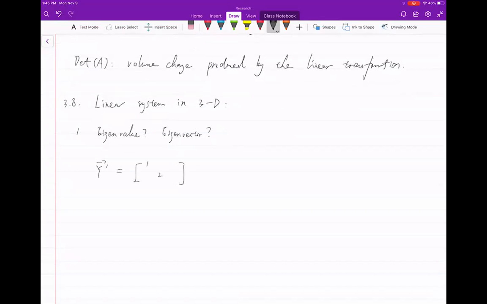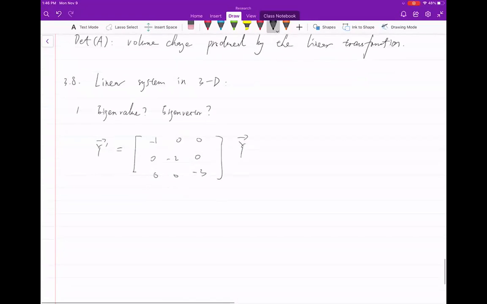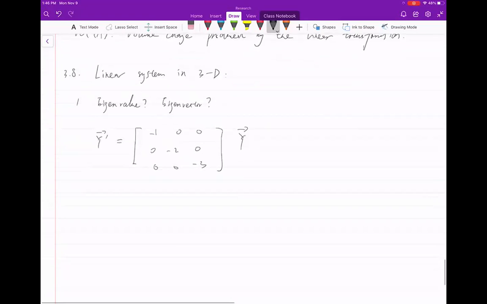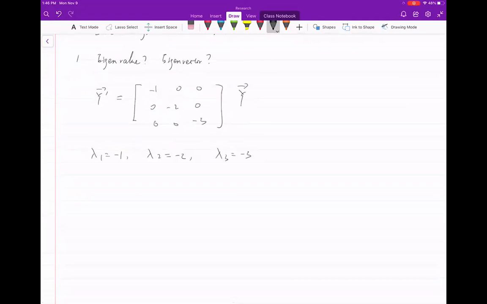Let's take an easy example. Do you still have eigenvalue? Yes. Can you still find eigenvector? Yes. Okay.